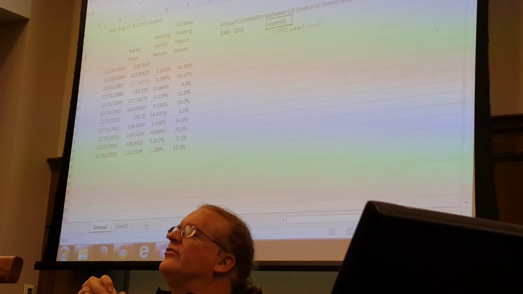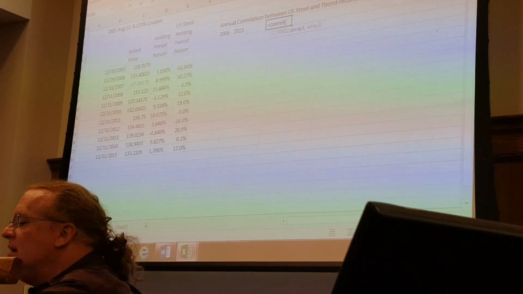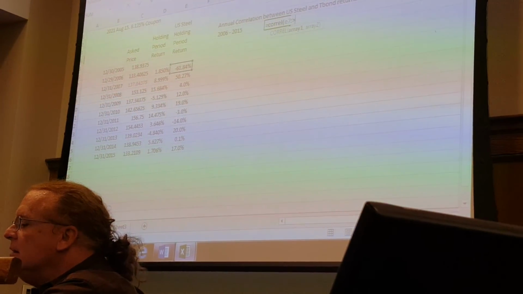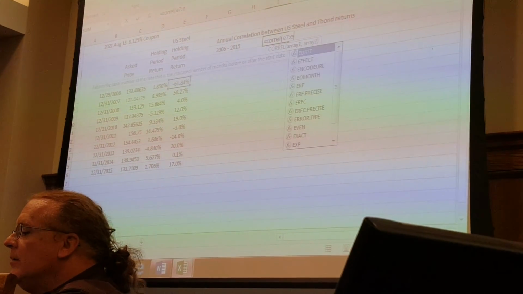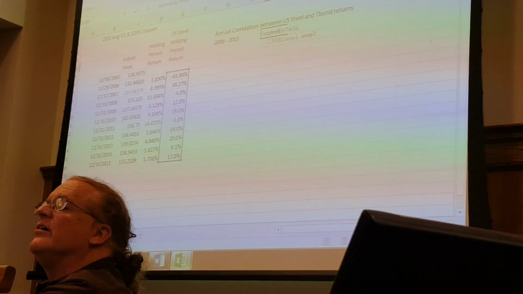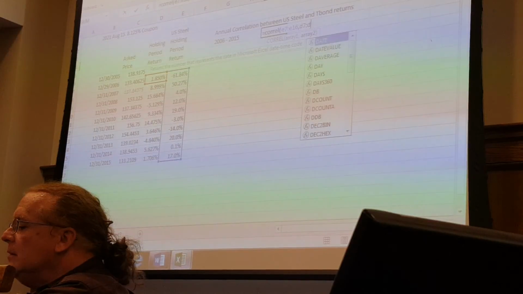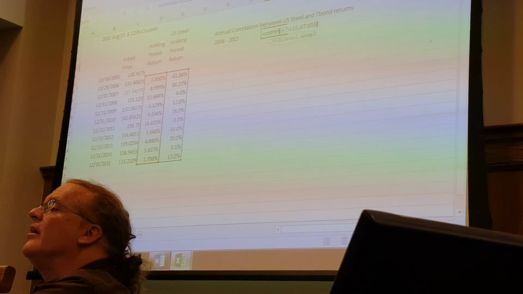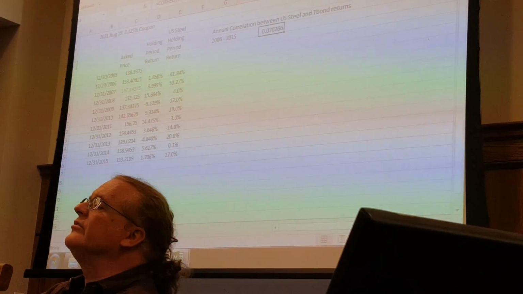So for the stock, it'll be from E7 to E16. And for the bond, it'll be D7 to D16. So that'll give me the correlation between those two series, 0.07.